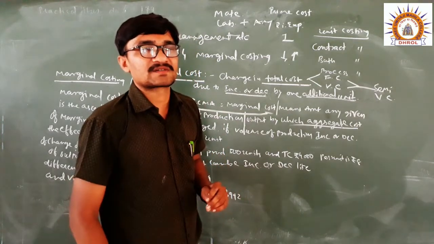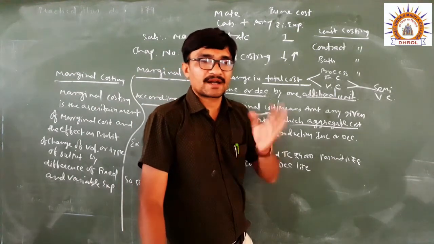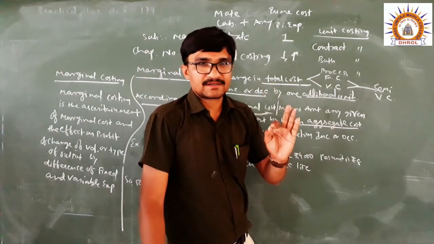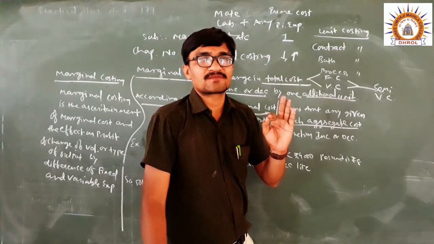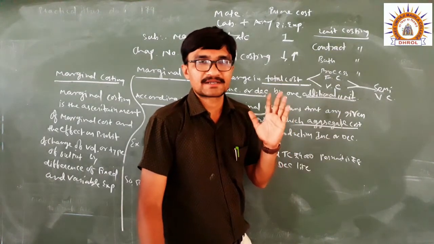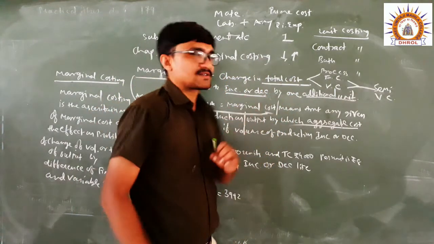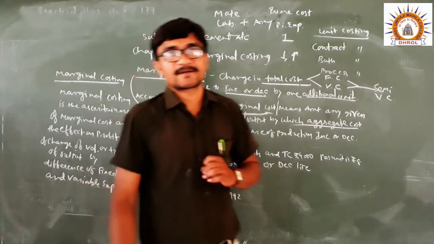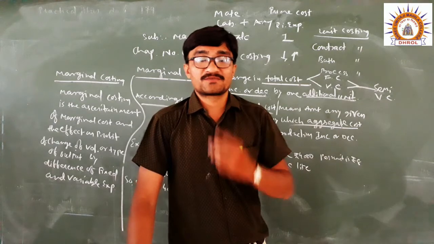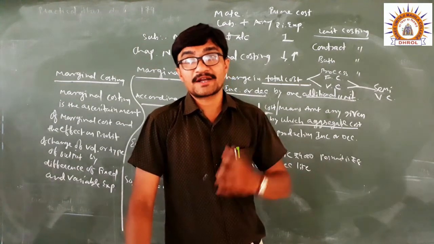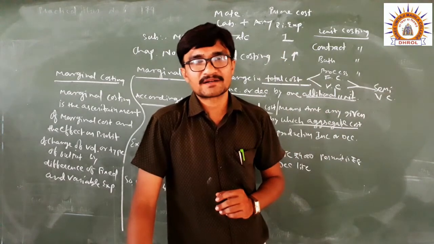indirect overheads. Indirect overheads like factory overhead, selling and distribution overhead, and administrative, or you can say office overheads. You studied that well. So in our marginal costing concept, the marginal cost means the direct cost, a word which is very popular in the United Kingdom, that is, in foreign countries.